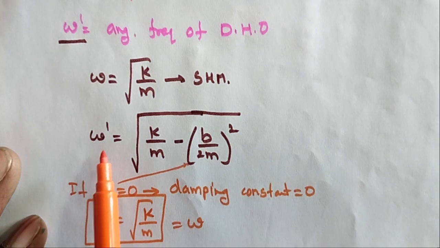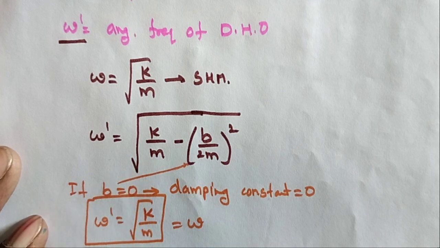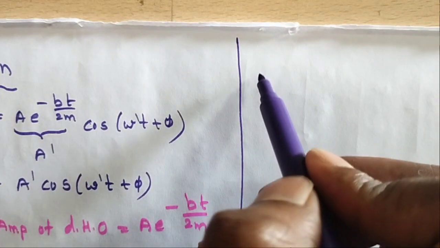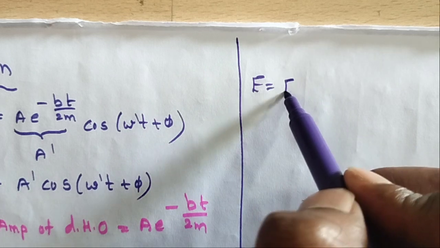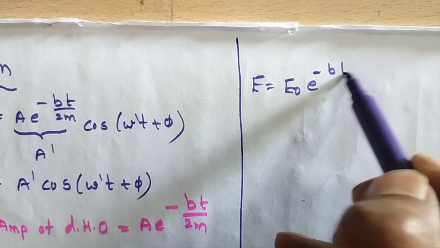But this omega dash is the angular frequency of the damped harmonic oscillator, and it also has some energy. In the general case, E is equal to E naught e power minus bt by m.